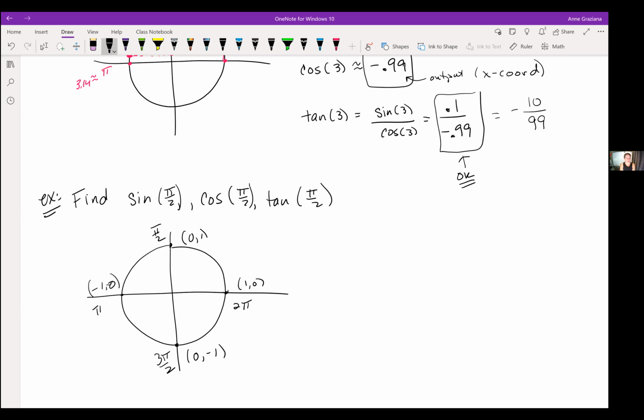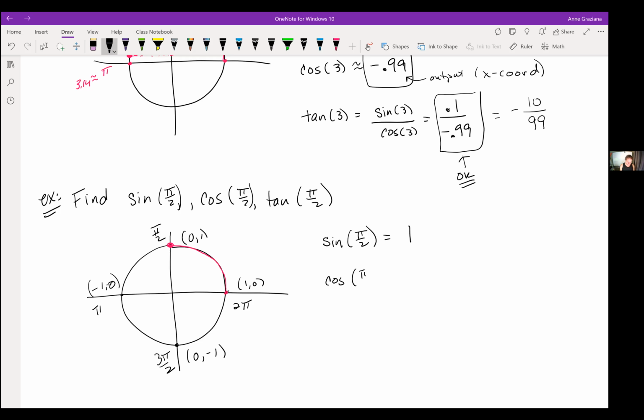All right, so here's my unit circle. Now, if I travel pi over 2 units, we start here, and I'm going to go to pi over 2, which is right there. So sine of pi over 2, when I go pi over 2 units. Now, this is not a squiggle because this is exact. We can get to the exact location, right? The y coordinate of that point is 1.